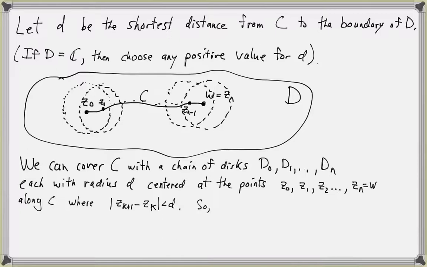So we define more explicitly the disk D_k will be the set of all z such that the absolute value of z minus z_k is less than d for k equals 0, 1, 2, up to n. And so we see that each disk contains the center of the next disk.